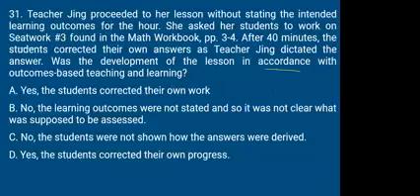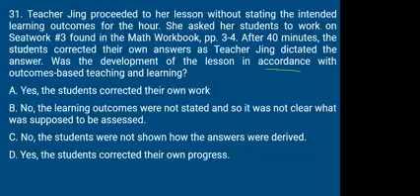So we will eliminate letter A because the students corrected their own work. That's very vague. Same with letter D. We'll eliminate letter A and letter D. What we have here, it's letter B and letter C. Kasi pareho silang no, di ba? Letter C, no, the students were not shown how the answers were derived. Ano pa yung stem ng question natin?